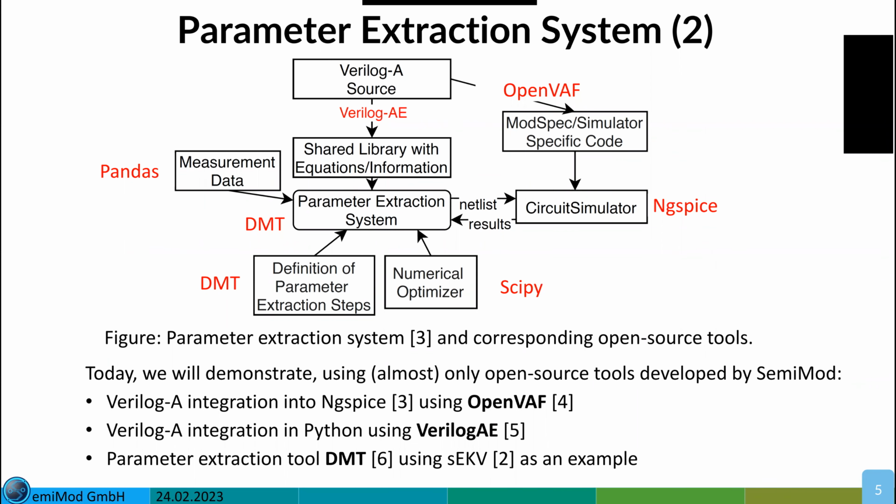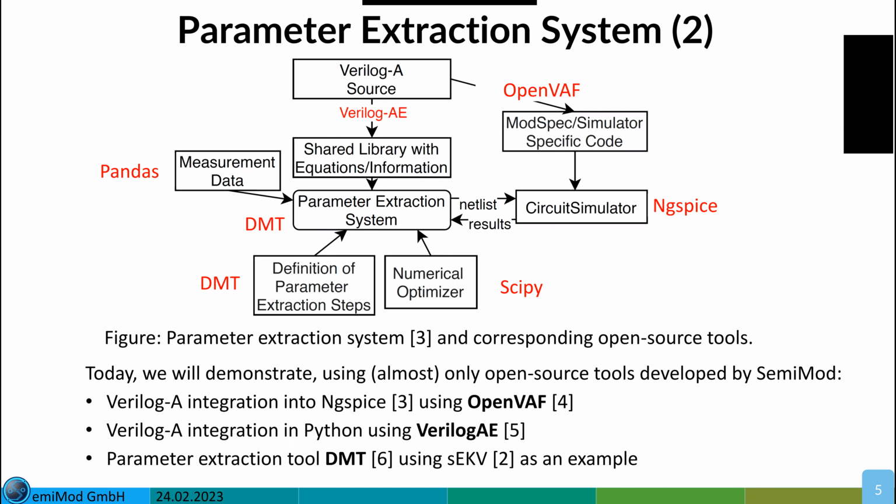For accessing the models, we use a tool we have developed called Verilog AE. That gives you an interface to the contents of a Verilog-A file inside Python, so you can evaluate the model equations, and you can have all information regarding model parameters and interdependencies between model equations.